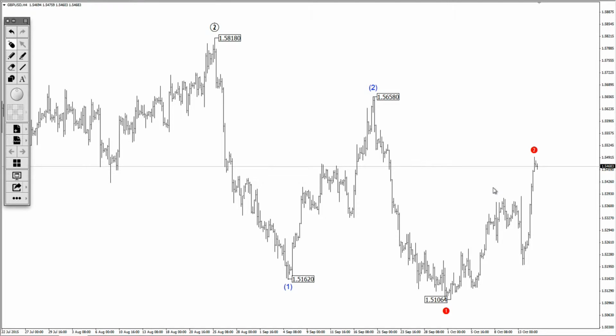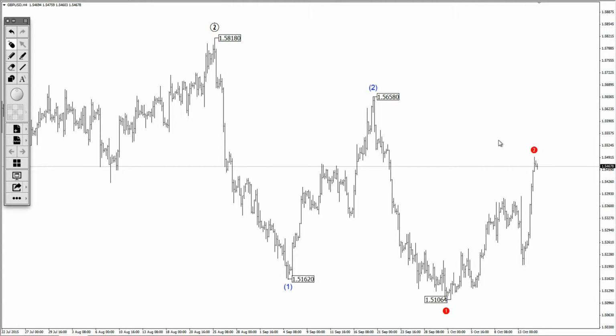Perhaps we are forming some sort of double zigzag here. There's room to go more upside, but also the pending dollar strength, which is manifesting in other pairs, would give a limited upside on this pair as well.